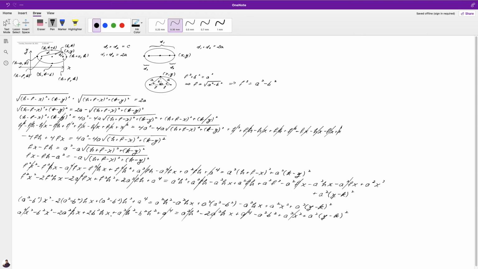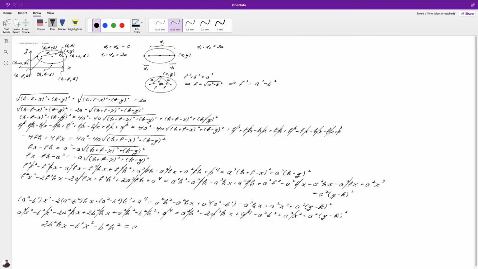Over on this side, I'll use the commutative property to put the positive value first. So it's going to be 2b squared hx, so we've accounted for that, minus b squared x squared. You've accounted for that. Minus b squared h squared. Accounted for that.